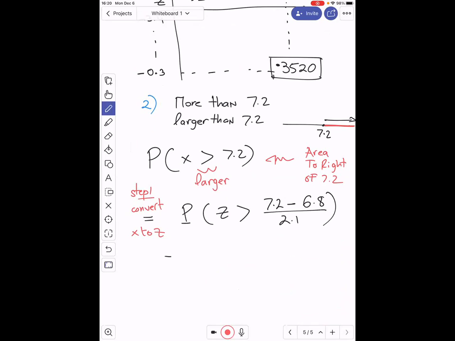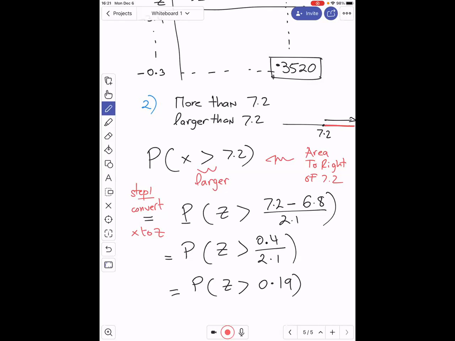Then we divide, so this is the probability that z is larger than 0.19.